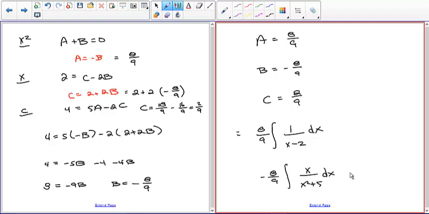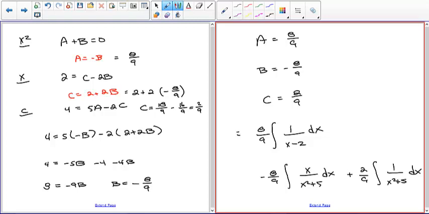And then the C part, plus 2/9 times the integral of 1 over x squared plus 5 dx. So my original integral could be broken up into 3 separate integrals. This one is going to be the natural log of the absolute value of x minus 2. This one will be the natural log of x squared plus 5 times 8/9 divided by 2 again, because you'd have that u substitution effect here.